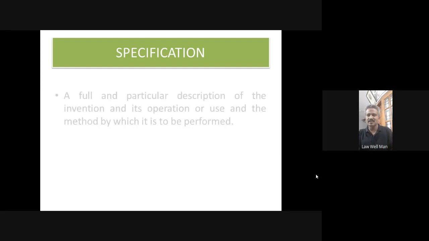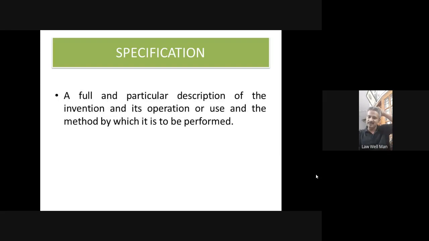So moving on with the idea of specification. Specification should give, or ought to give, a full and particular description. Please note the words used. A full and particular description. It should be a complete, comprehensive description, and it should be very specific. Particular description of the invention and its operation or use, because you are just describing the device. That by itself is not sufficient.